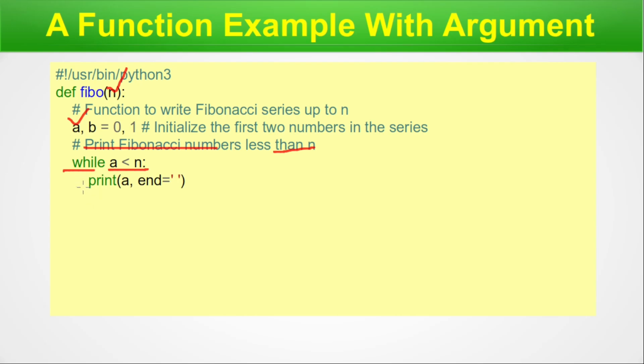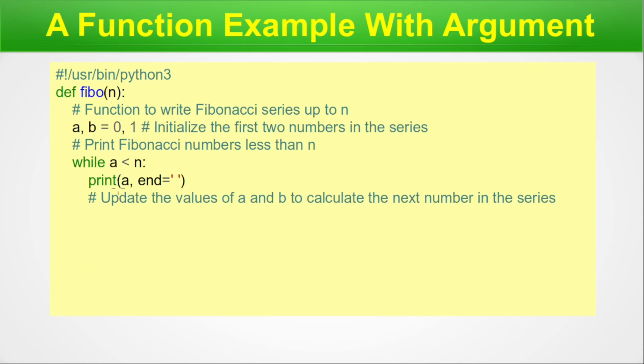And then again you can see we have another indentation level for the while. Everything under this is under the function and everything under this is under the while. Next we have print a, then end equal to this, and update the values of a and b to calculate the next number of the series. So what we do here, we assign b to a and a plus b to b.